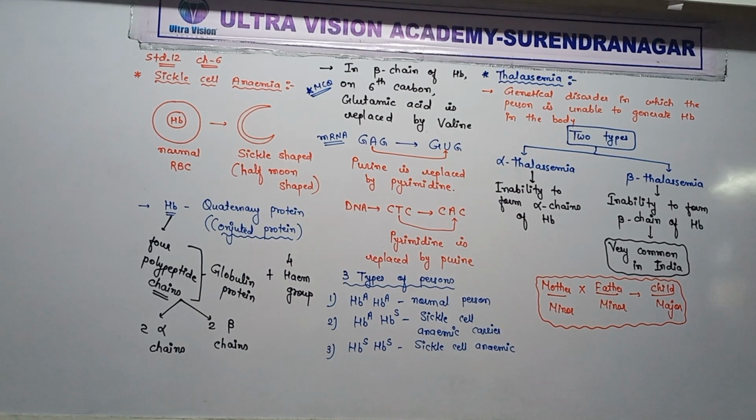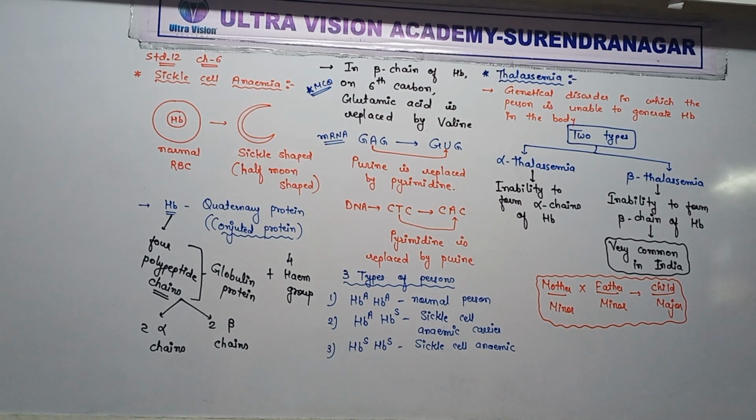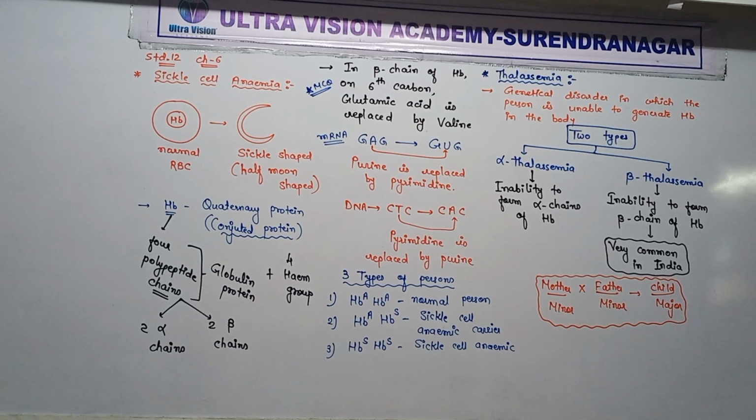Instead, hemoglobin is inactivated to perform the gaseous exchange, so the person is now undergoing an anemic condition. So sickle cell anemia is a qualitative disorder and thalassemia is a quantitative disorder, because in thalassemia hemoglobin itself is not formed. So there will be no hemoglobin at all. The alpha and beta matter comes later.